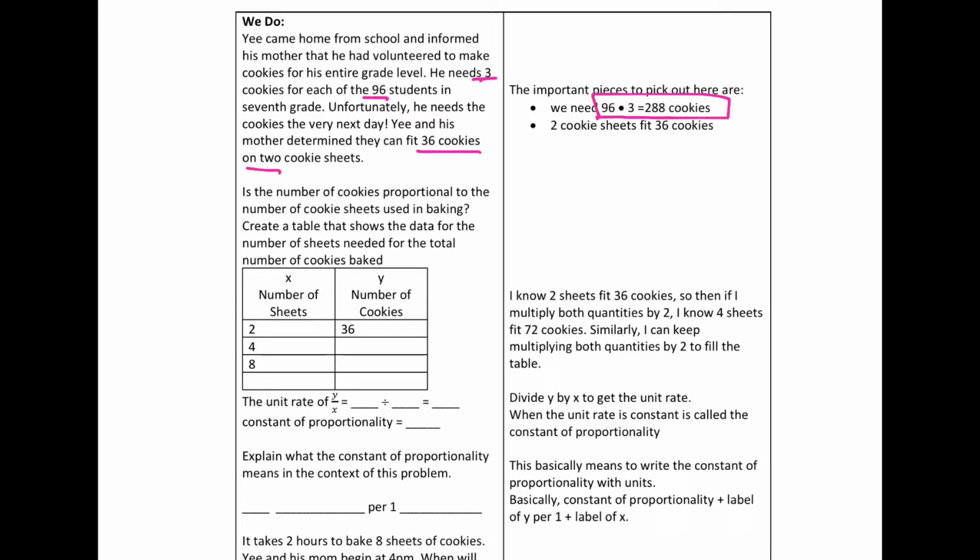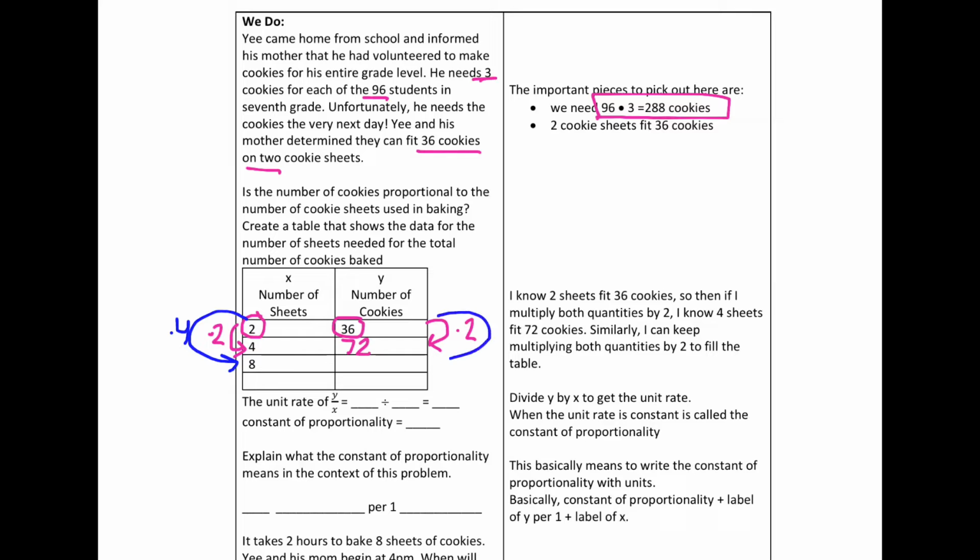I know if I need 2 sheets, it fits 36 cookies. If I double that, I get 4. That means I would also double the 36. That gives me 72 cookies. Now to turn 2 into 8, that means I multiply by 4.